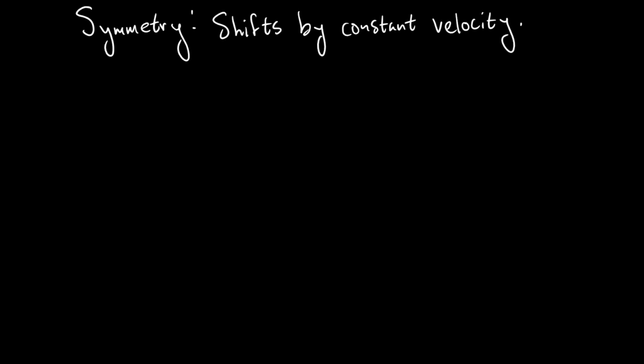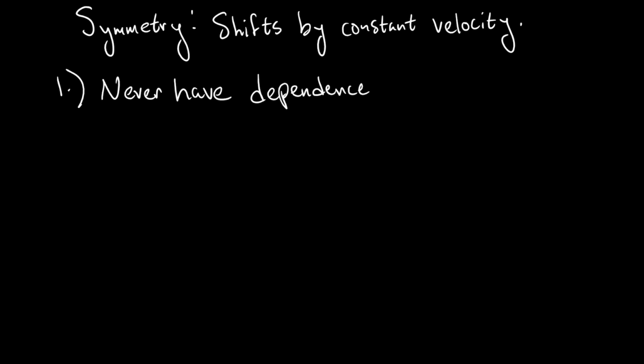So what can we use that isn't going to change under constant velocity shifts? Well, we have a couple of choices. One of them is that we just never have anything have dependencies on velocity. If velocity never shows up in our equations, then we can shift velocity as much as we want. Nothing's ever going to change.